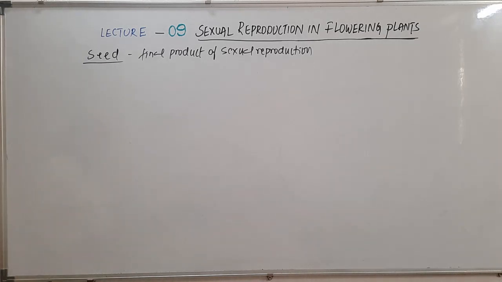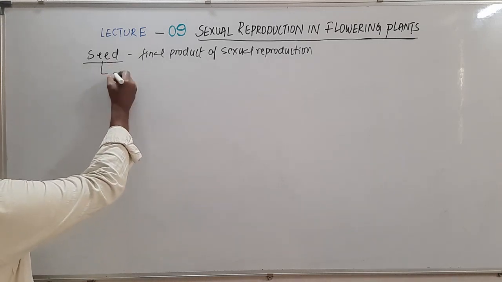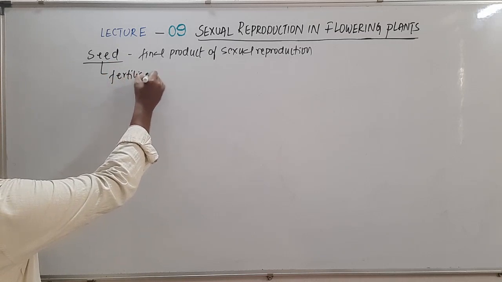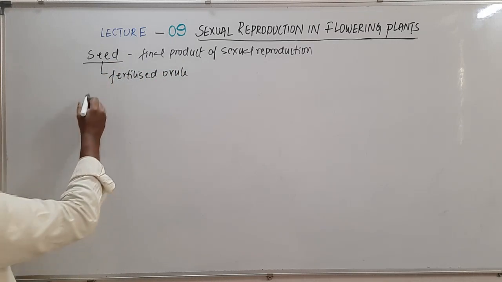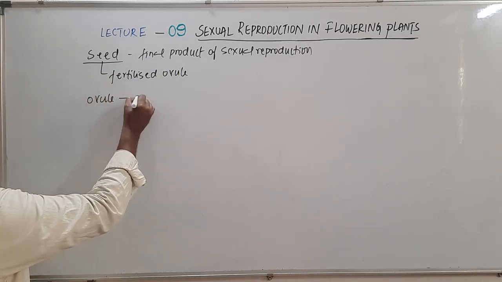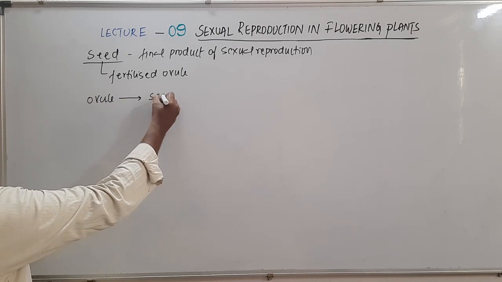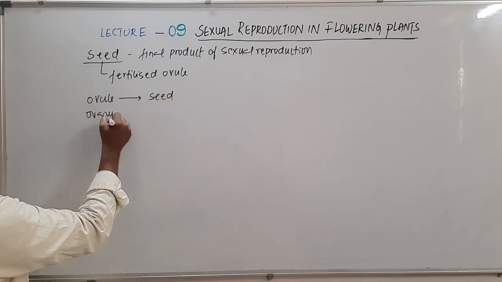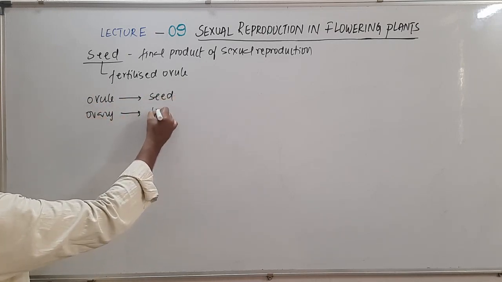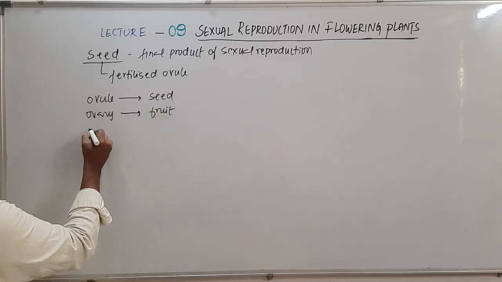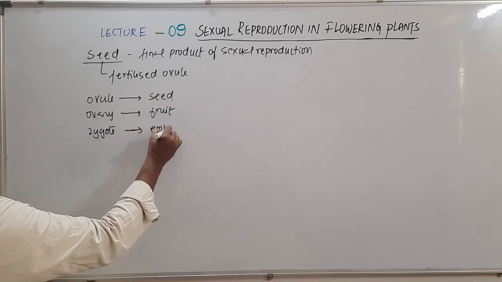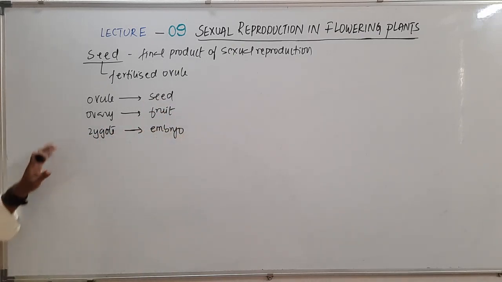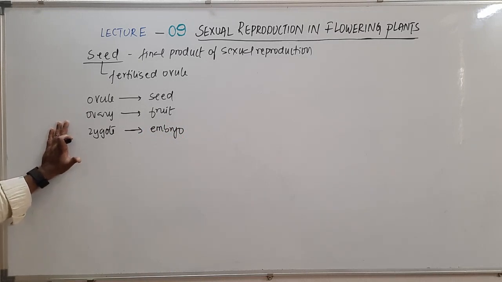The seed is a fertilized ovule, because after the process of fertilization is completed, the ovule will transform into seed, and the ovary will become the fruit, and the zygote will become the embryo.